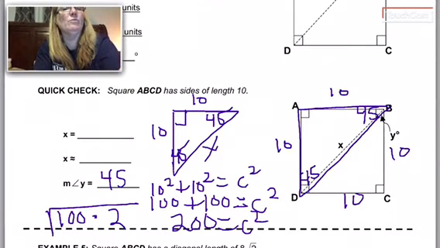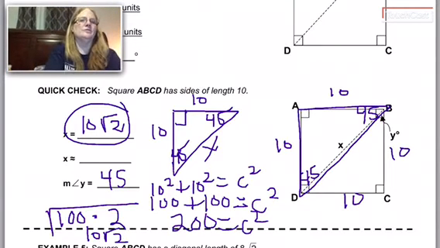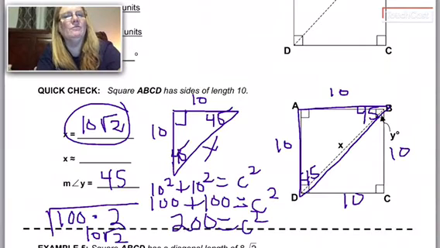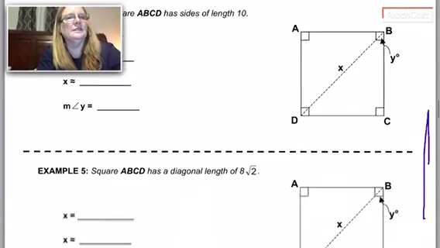And what's the square root of 100? It's 10. So this simplifies to 10 times the square root of 2. So the exact answer here is 10 times the square root of 2. Okay, and what I want you to start looking for is a pattern.